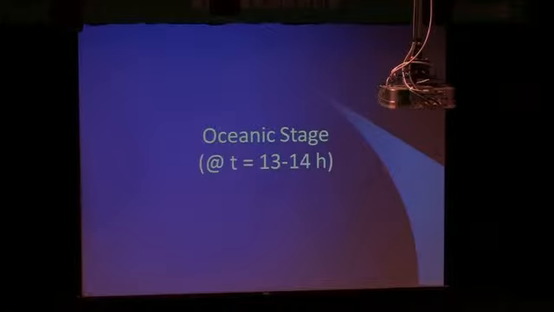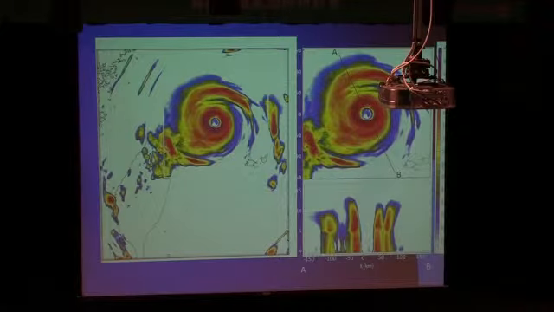hydrometeors. If we look at the oceanic stage, Typhoon Nari revealed an asymmetric structure. If we look at more details along the cross section, we can see a very deep eyewall and then a primary rain band over here.